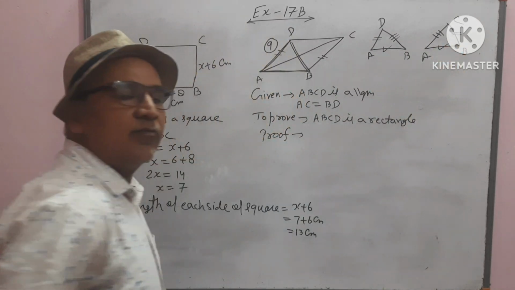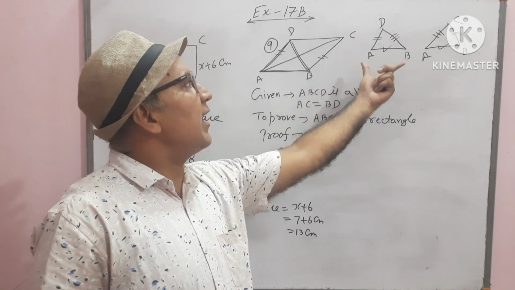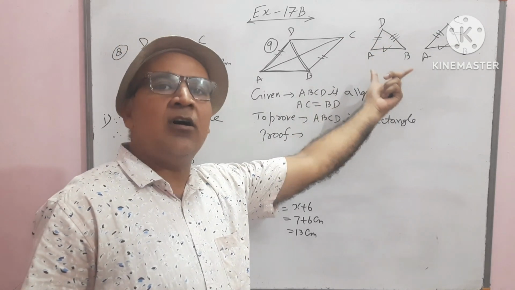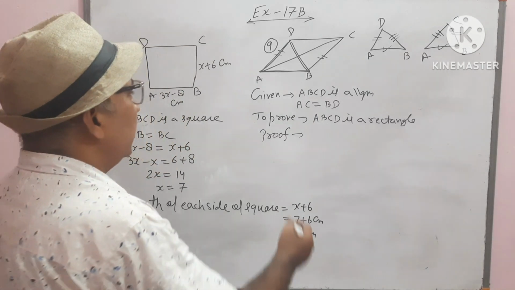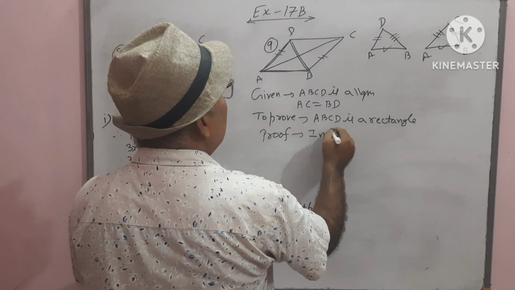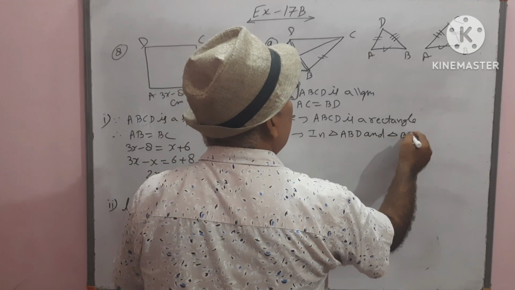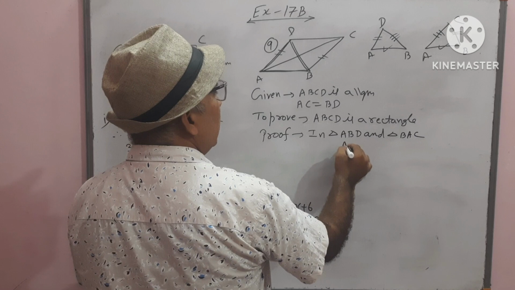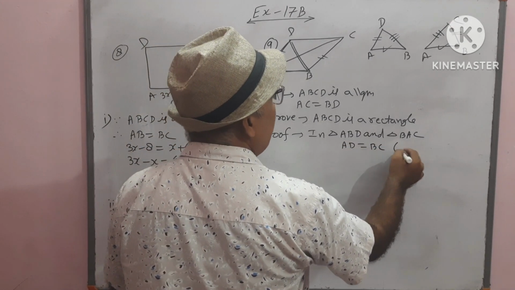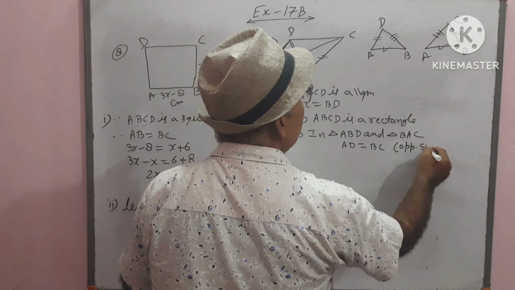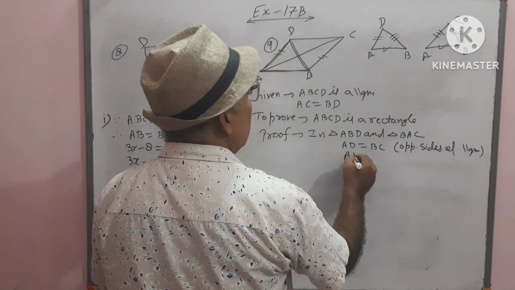In class 7th, you have read congruency of triangles. Two triangles are congruent if all the sides are equal. So we are going to take the help of congruency of triangles. First we will write: in triangle ABD and triangle BAC, AD of this triangle and BC of this triangle are equal because of opposite sides of a parallelogram.